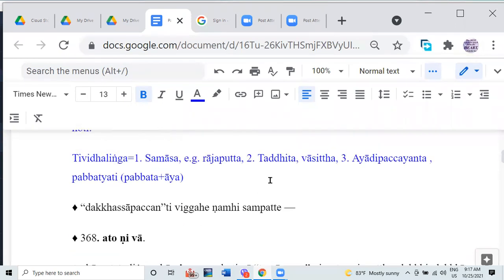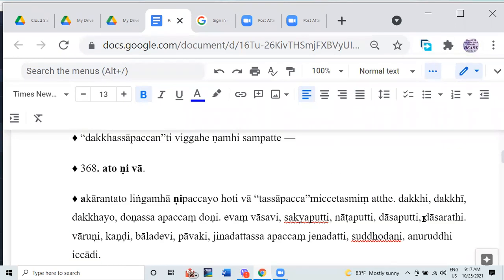In the case of Daki, there is no Odi at the beginning. Dasarati, Varuni, Baladevi, Jenadadi: these words have Odi at the beginning.